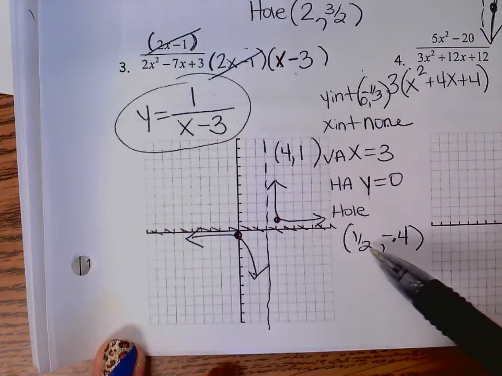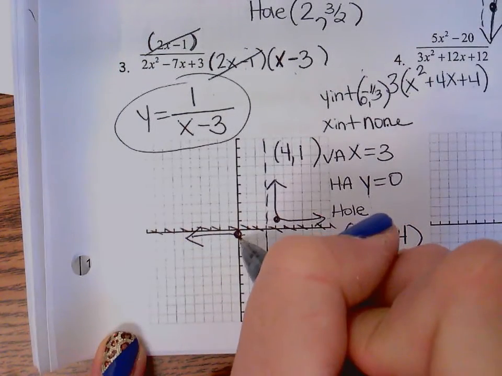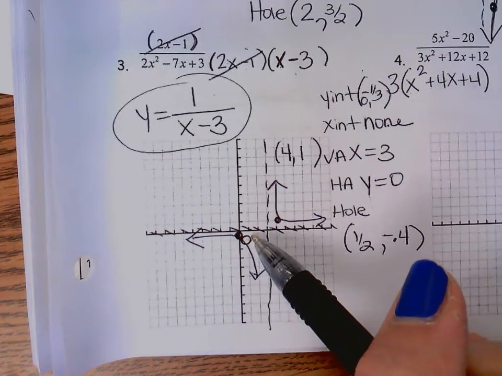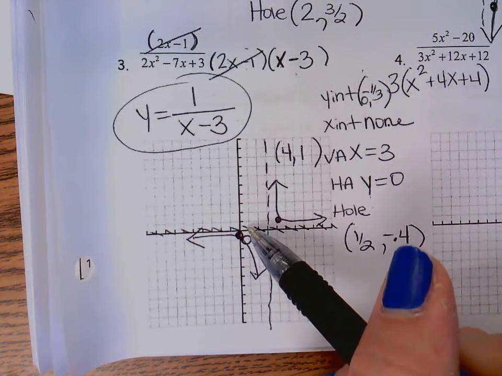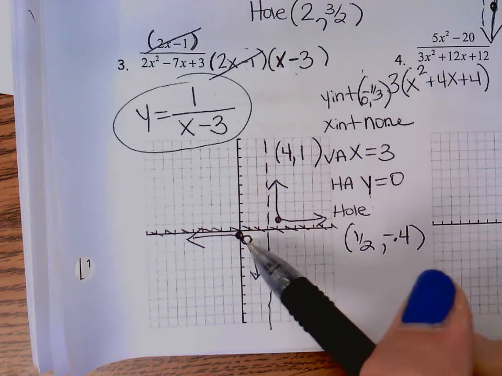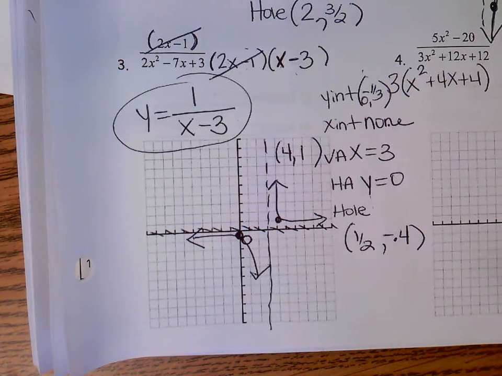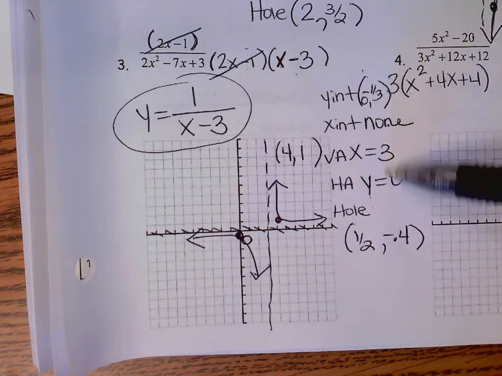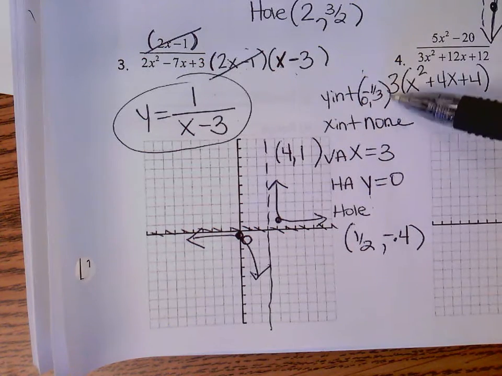So at a half, there's a hole right here at negative 0.4. It's kind of hard to make that exact, but positive a half, it's at negative 0.4. So I put a hole on my graph. So, are these 4 steps still confusing? This is what you guys need to do those practice problems for on the homework.